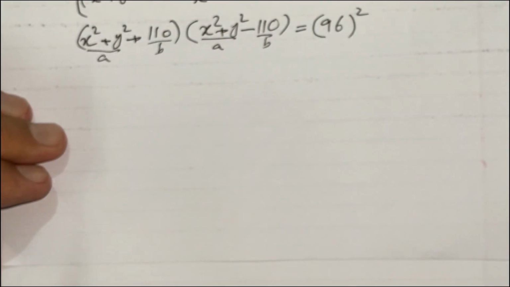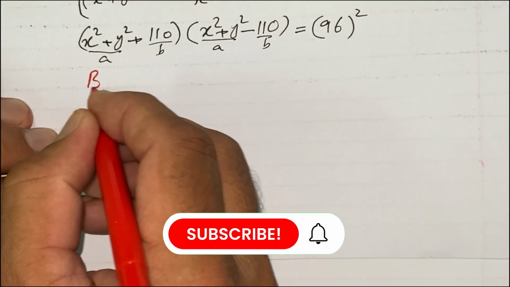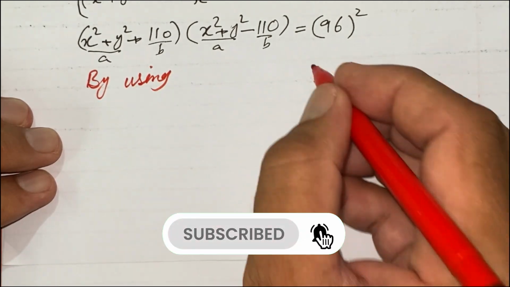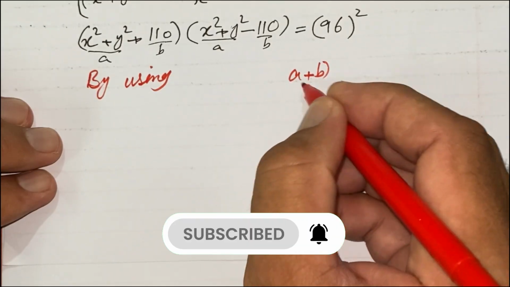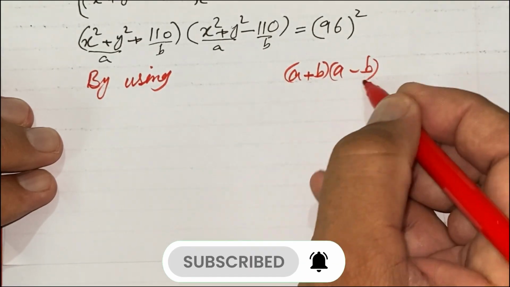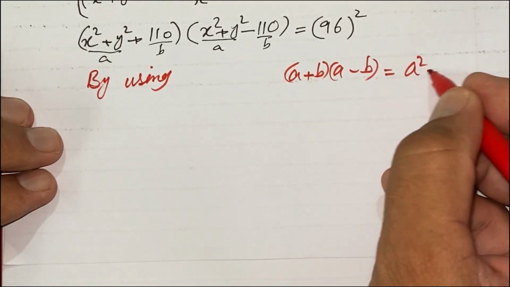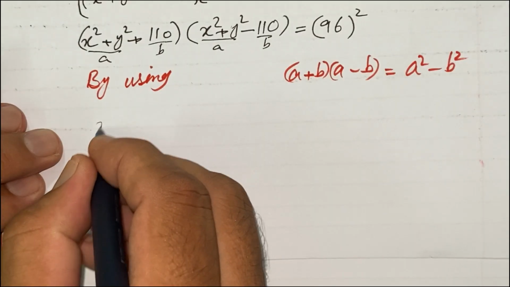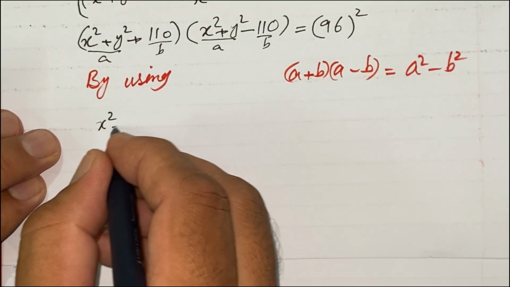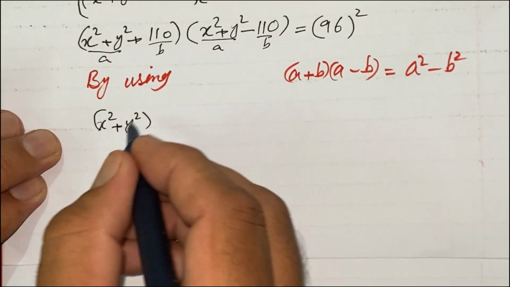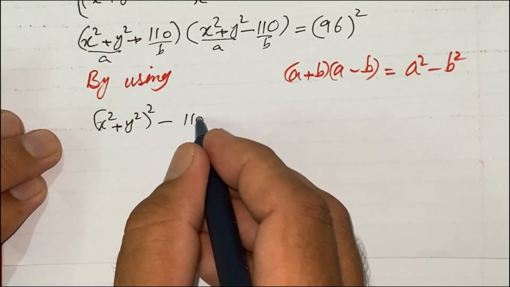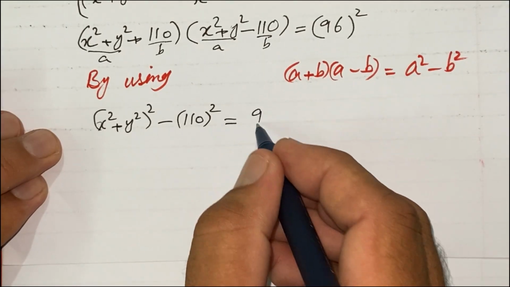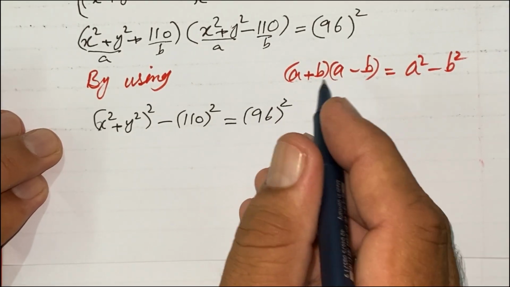Then by using a plus b, a minus b is equal to a square minus b square. Then x square plus y square whole square minus 110 whole square is equal to 96 whole square.